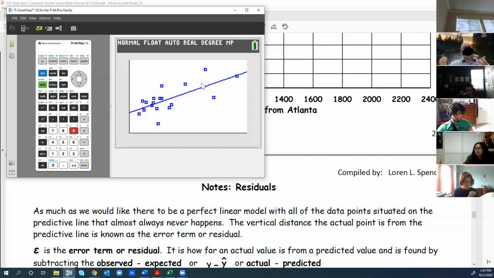But regardless, it's y minus y hat, the real value minus the predicted line. So this vertical distance is my residual. And if I add all the residuals together, I have some that are positive, some that are negative. Not surprisingly, when I add them all together, they sum to 0.